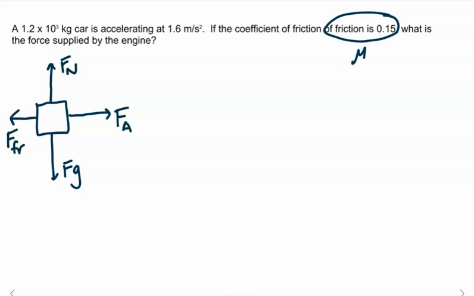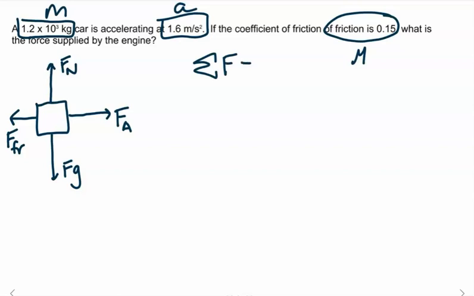If we know what the mass is, over here, the 1.2 times 10 to the third kilograms, and we know that we are accelerating at 1.6 meters per second squared, we can solve for our net force. So we have the summation of forces equals mass times acceleration.